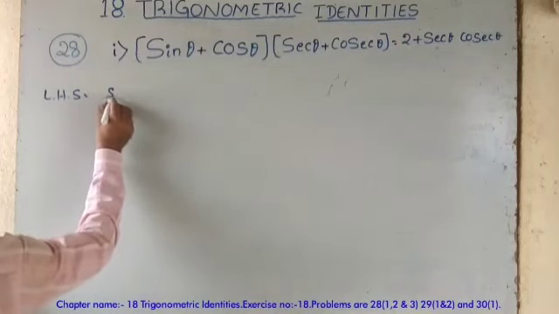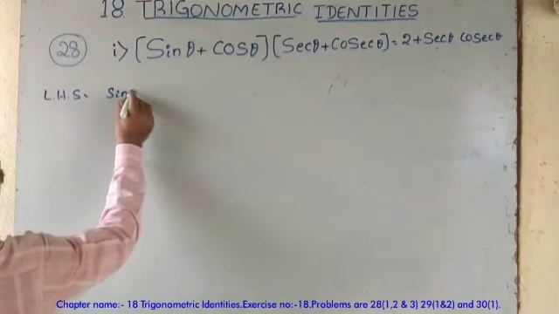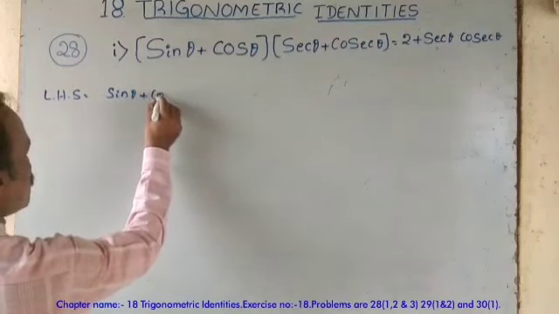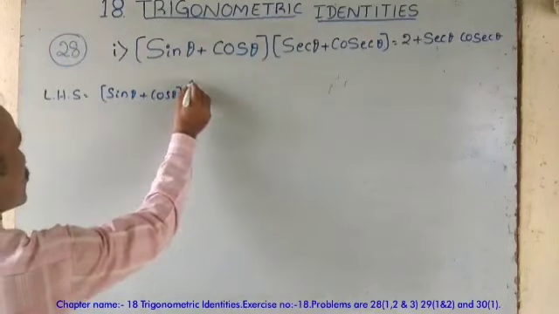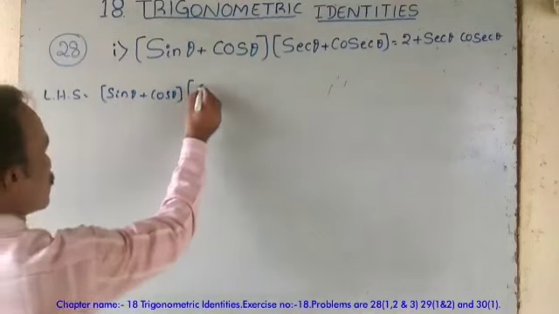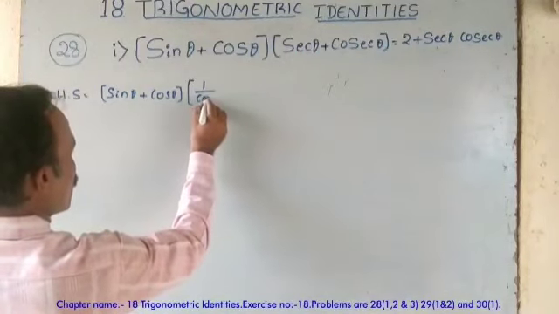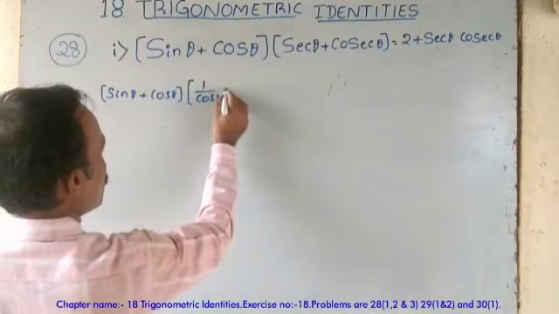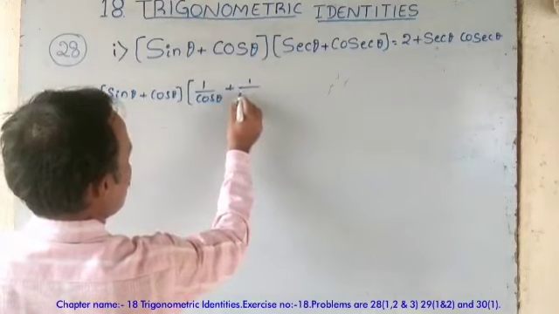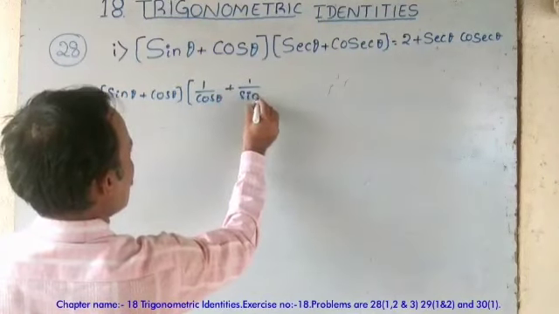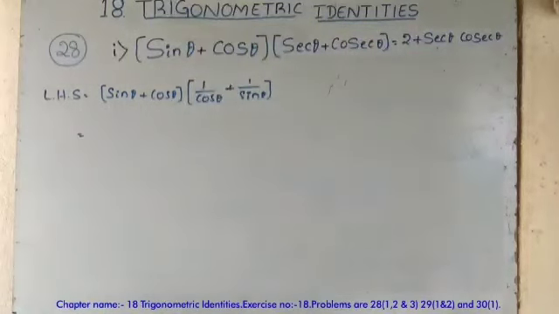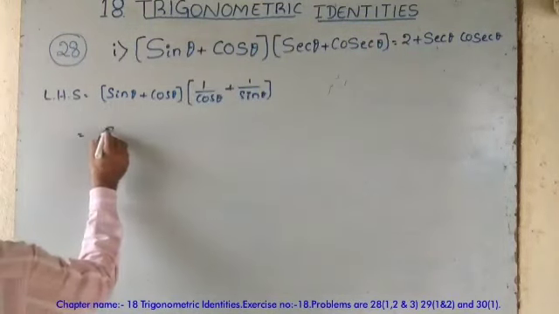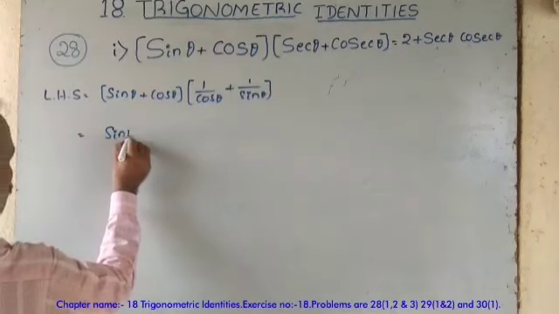is equal to sin theta as it is plus cos theta as it is. Secant theta can be written as 1 by cos theta, plus cosecant theta can be written as 1 by sin theta. So this is equal to (sin theta plus cos theta) as it is.